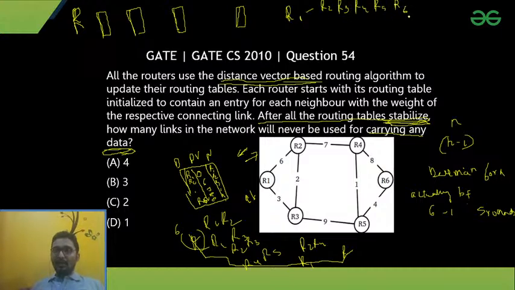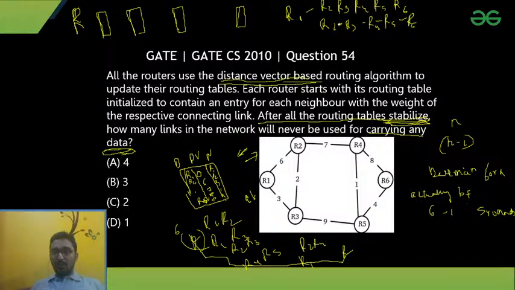But now you can see R2 to R1 is already covered, R3 to R1 is also covered, R4 to R1 is also covered. So when you start with R2, you do not have to check R2 and R1 again. So R2 to R3, R4, R5 and R6 are enough.